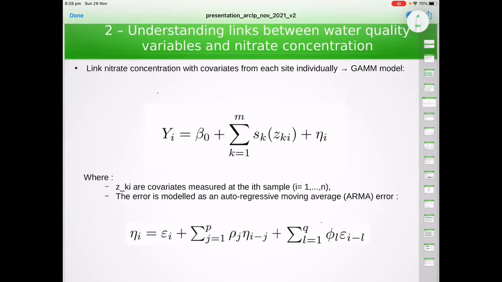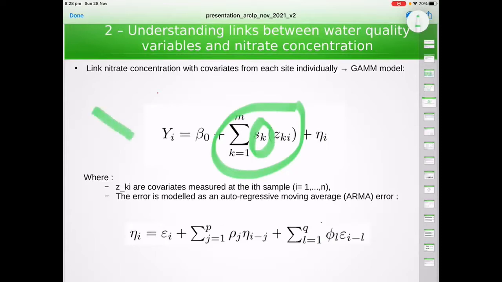In this equation, the sum is over each variable, and the S represents the nonlinear effect, using splines to get smoothness and a nonlinear investigation for each covariate.